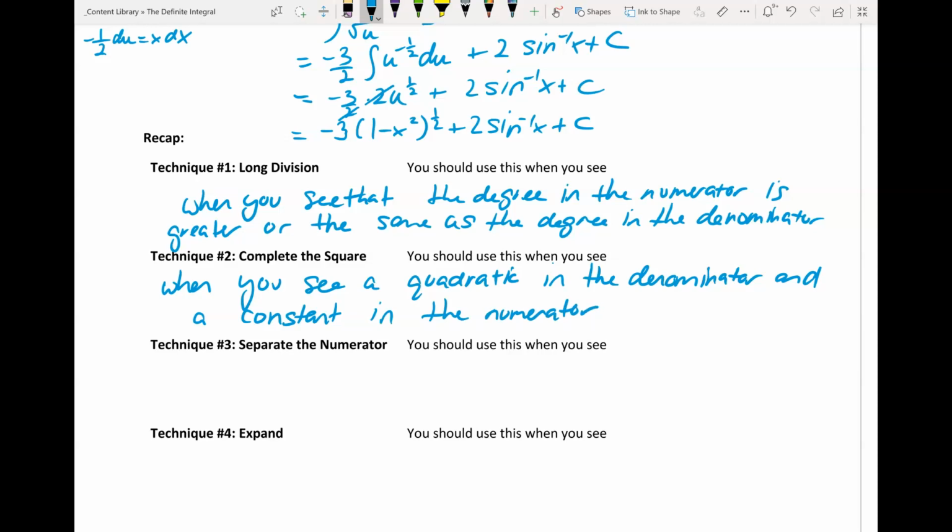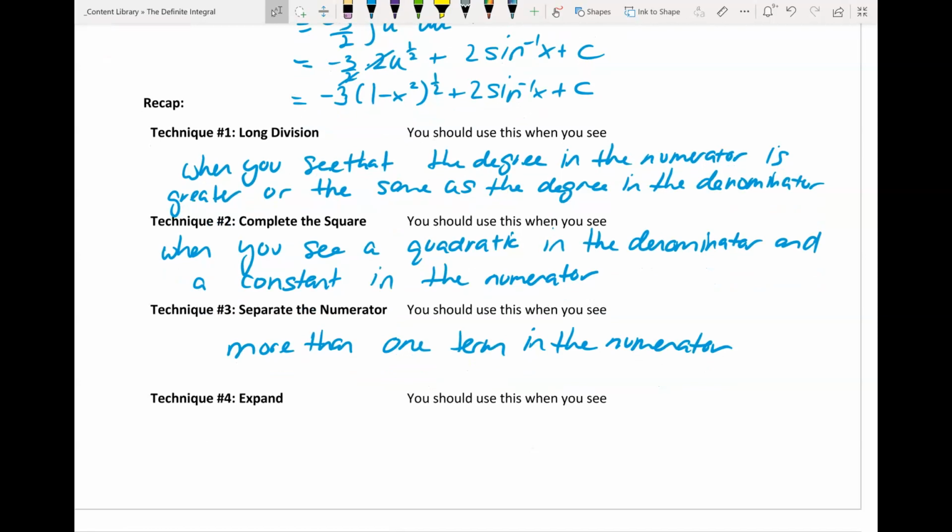You want to separate the numerator when you have more than one term in the numerator. And you will expand when you see the derivative of the inside function is not on the outside.